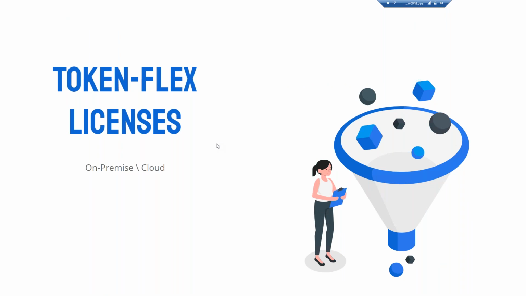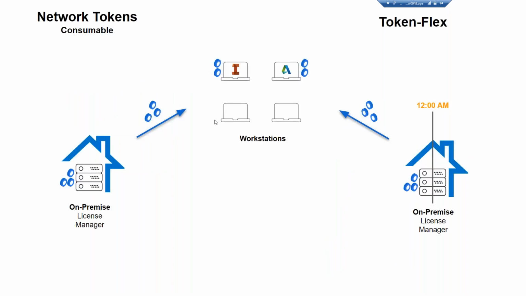Now this is the last iteration that we've seen in the licensing world before it starts doubling back on itself. I'm going to explain. Tokenflex licenses are a consumable network token, but with a few tweaks.